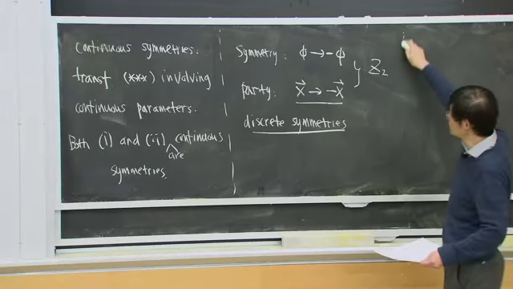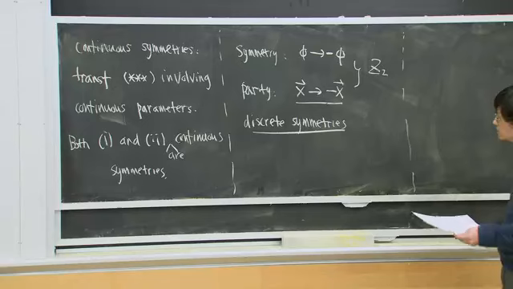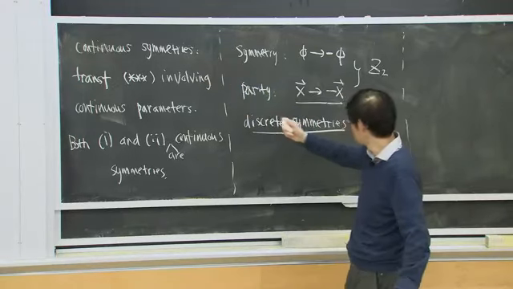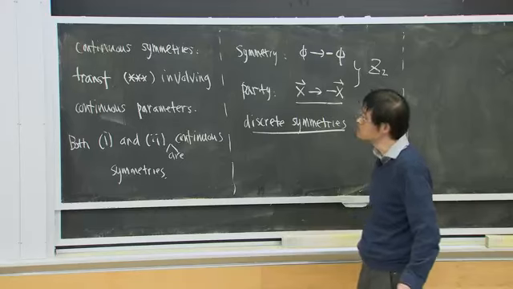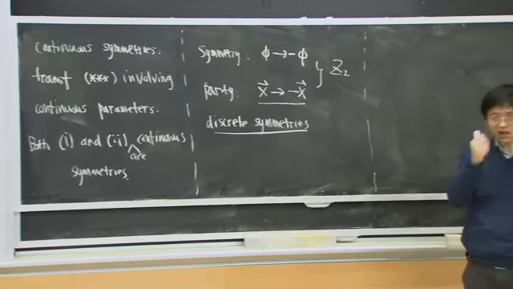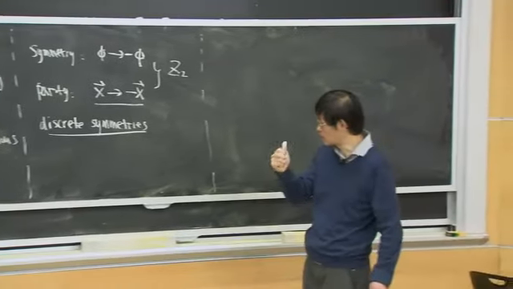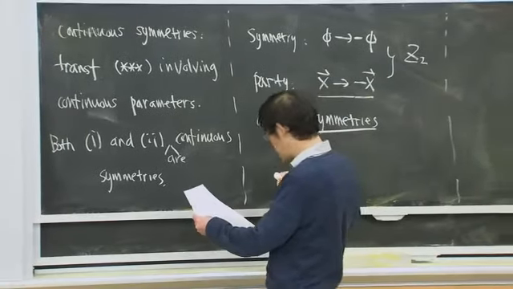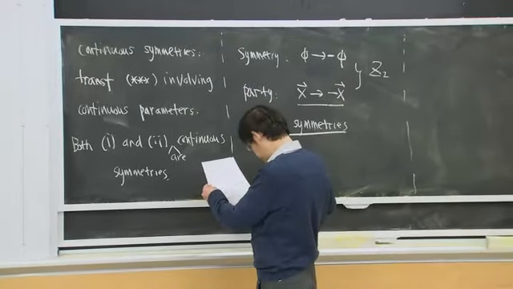Also, symmetries can be separated into continuous symmetries or discrete symmetries, depending on whether you have continuous parameters or not. But symmetries can also be separated in other ways; there's a lot of classification of symmetry. It's called gauge symmetry and global symmetries.